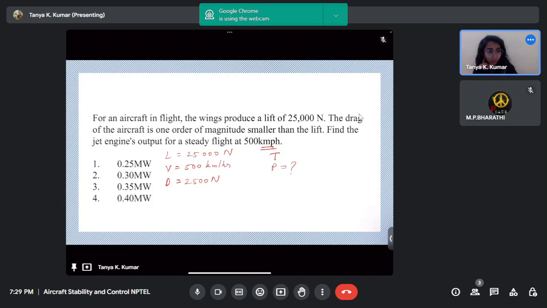Can you think about how to do it? Power, what is the formula for power? Jet engine's output is thrust, but we need to represent it in terms of power. So that is the clue.